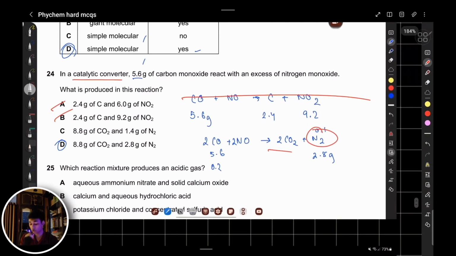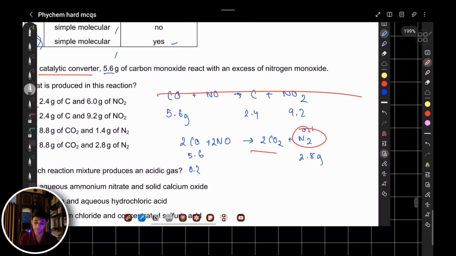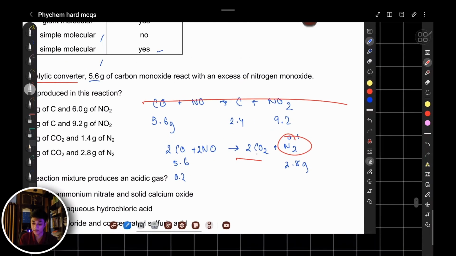So for D, if you react CO, carbon monoxide, with NO, and once you balance it, you're going to see it produces 2 moles of CO2 and 1 mole of N2. So you have 5.6 grams of CO, which is 0.2 moles of CO. You divide 5.6 by the molar mass, which is 12 plus 16.